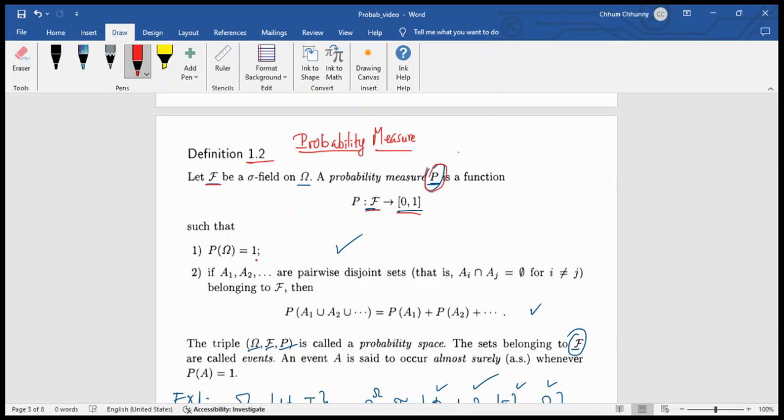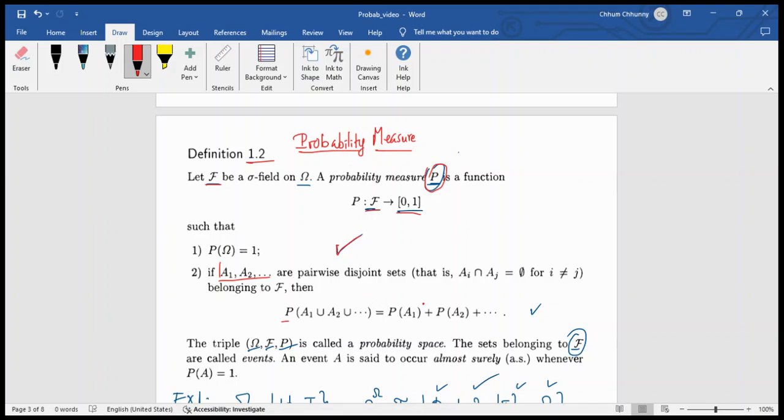The first condition is that P of omega equals 1. The second condition is that P of the union of pairwise disjoint subsets of F equals the series of P of all those pairwise disjoint sets. So if we have A1, A2, and so on, pairwise disjoint sets of F, then P of A1 union A2 union so on is equal to P(A1) plus P(A2) plus dot dot dot.